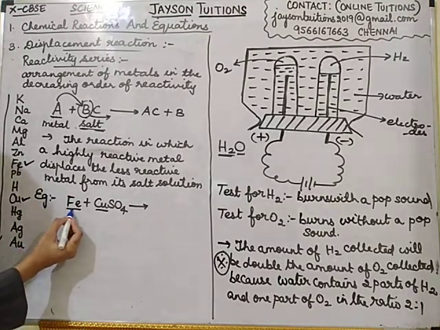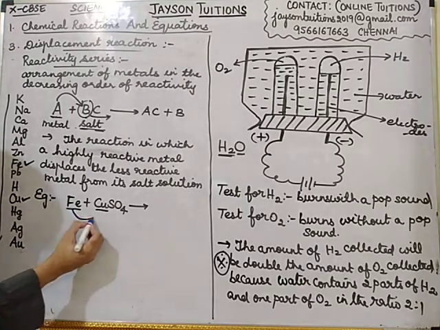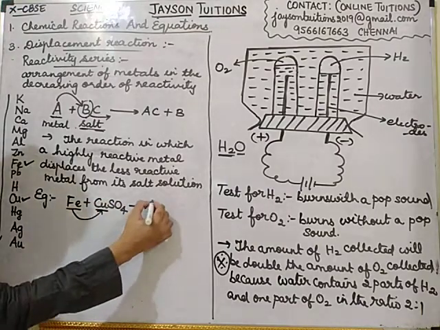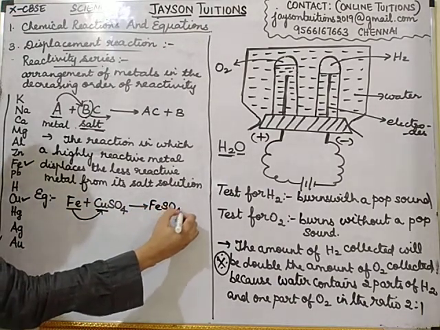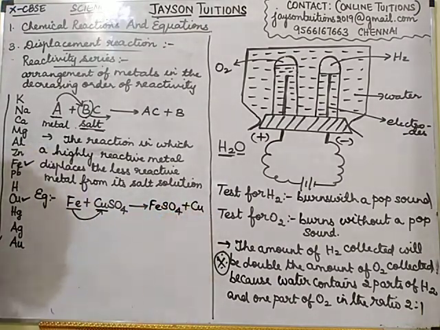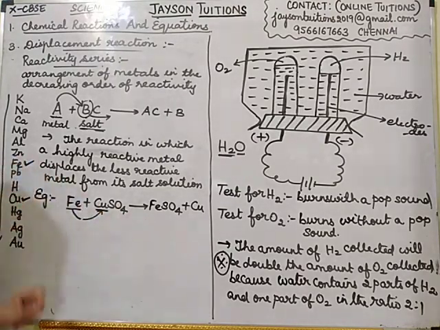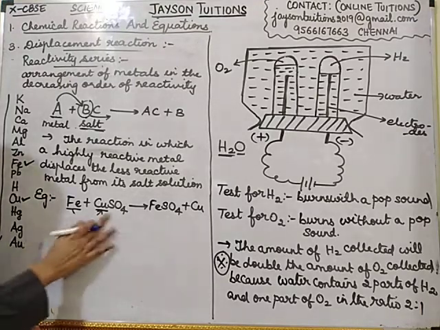Since iron is highly reactive, it will be able to displace copper. So I will get FeSO4 plus Cu going outside. A highly reactive metal displaces the less reactive metal from the salt solution. It is called a displacement reaction.